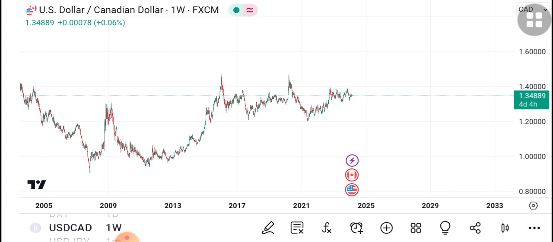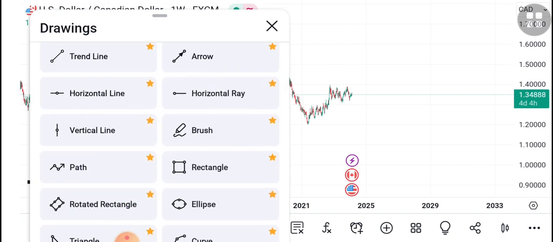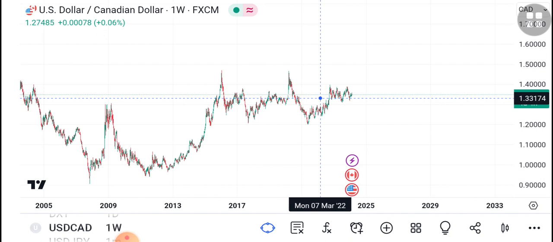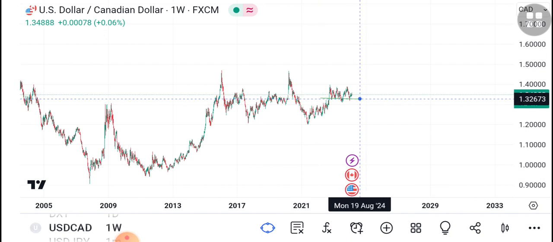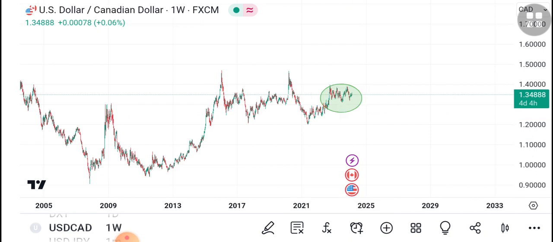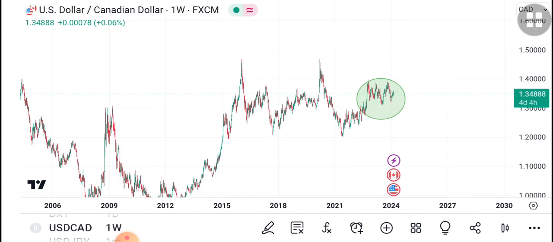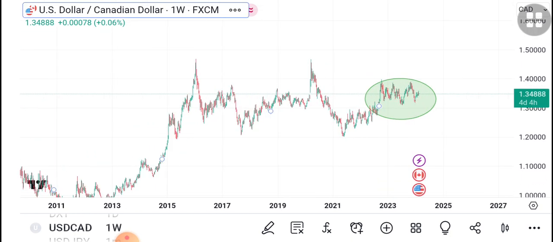When I talk about analyzing the most current price, it's me basically saying that we're gonna be analyzing from here to here. This is what we're analyzing on the weekly time frame.